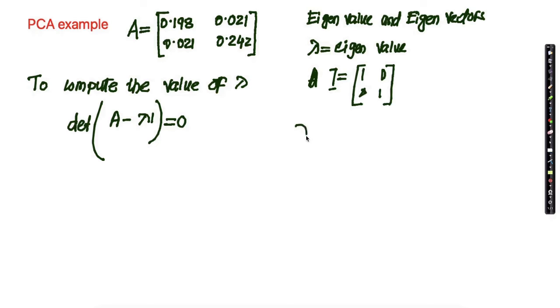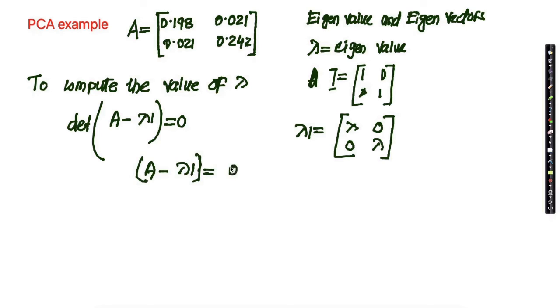If I compute lambda I, it gives you a matrix of the type lambda 0 0 lambda, and A minus lambda I gives us 0.198 minus lambda, 0.021, 0.021 and 0.242 minus lambda.